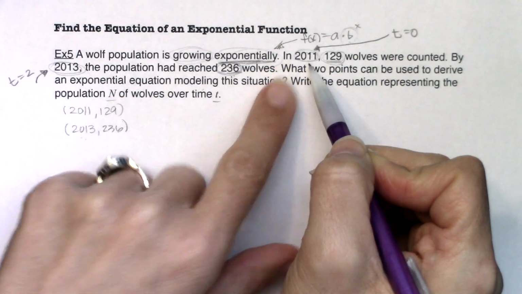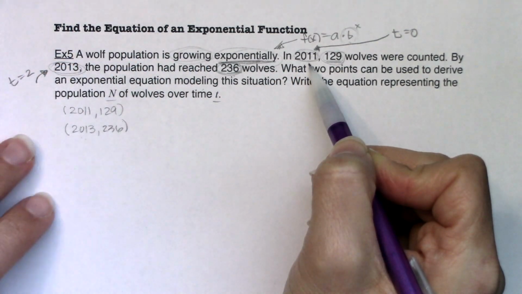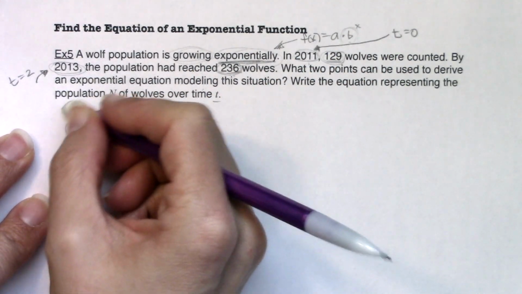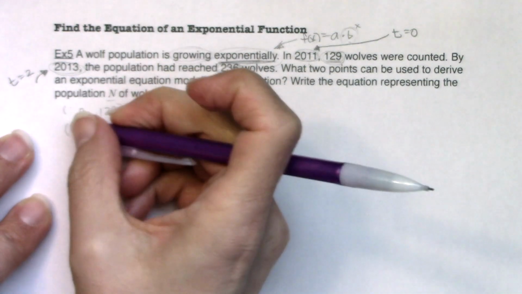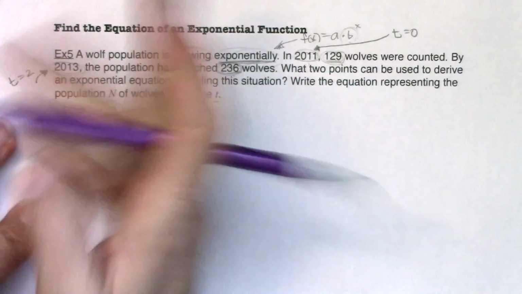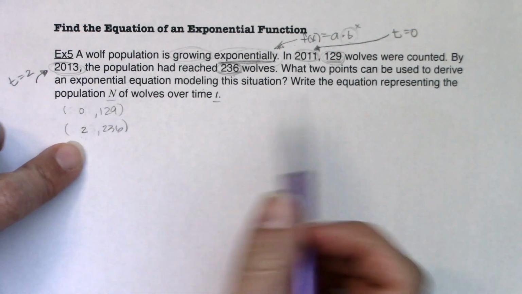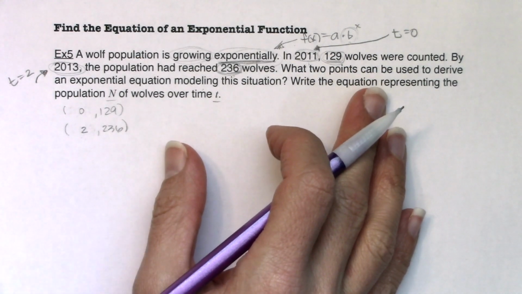So 2011 is year 0, 2012 is year 1, 2013 is year 2. And what that does is it just makes these numbers a lot smaller. So instead of 2011, I have a 0 here, and instead of 2013, I have a 2 here. And since these numbers are so much smaller, when we plug in to find a and b, it's just going to be that much easier.